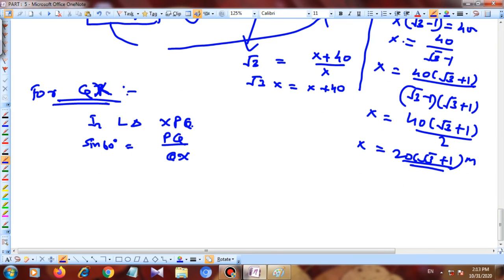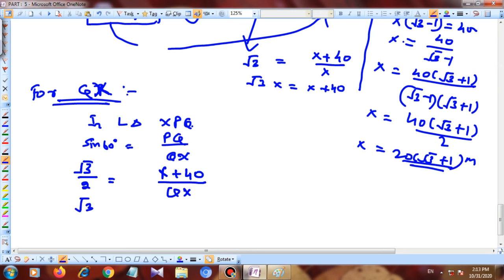So value of sine 60, you know, root 3 upon 2 equal to PQ, which will be x plus 40, and value of x is how much? 20 plus... So PQ is x plus 40 upon QX.